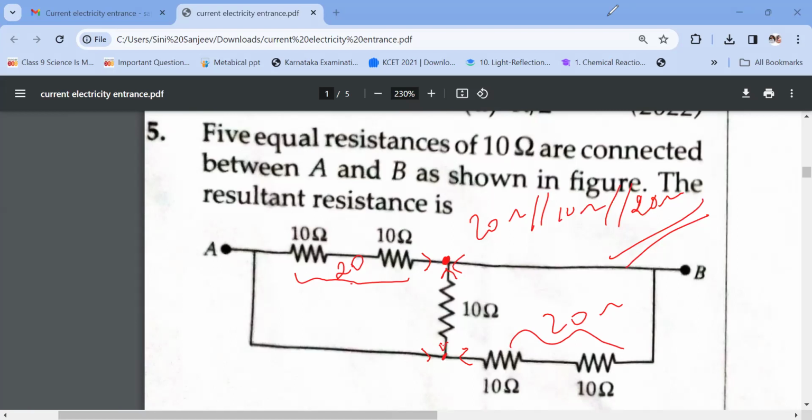And can you try it now? Three of you. And tell me what is the answer.